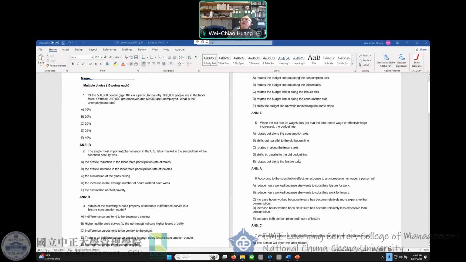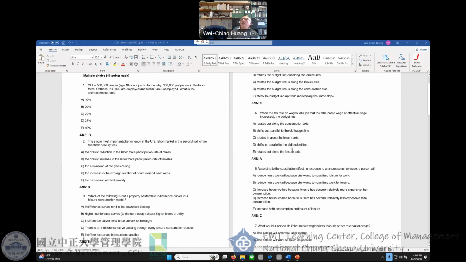Number 5, when the tax rate on wages falls so that the take-home wage or effective wage increases, what happens to the budget line? This time, the answer is A, because the tax on the wage rate falls. So people are going to get more take-home wage after tax.